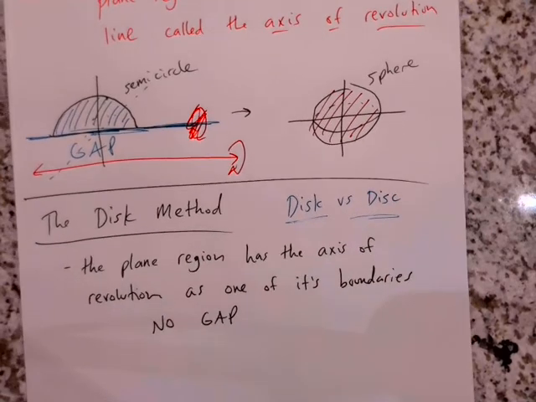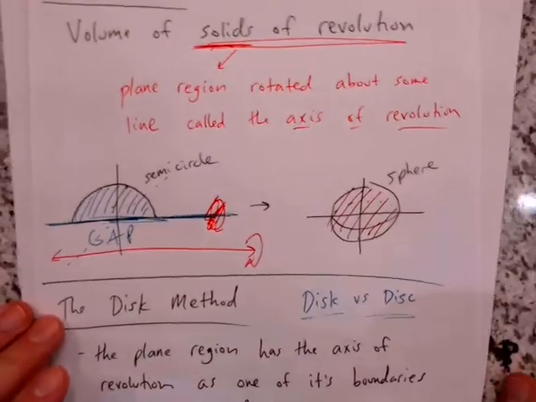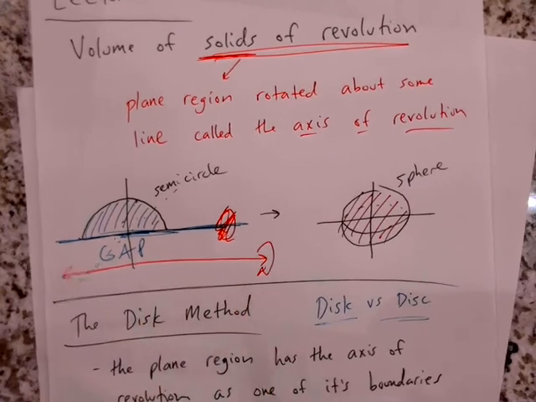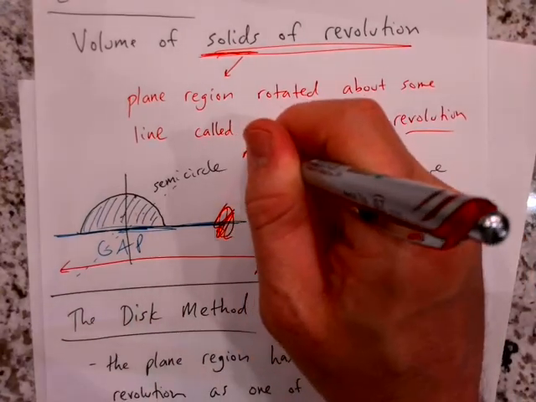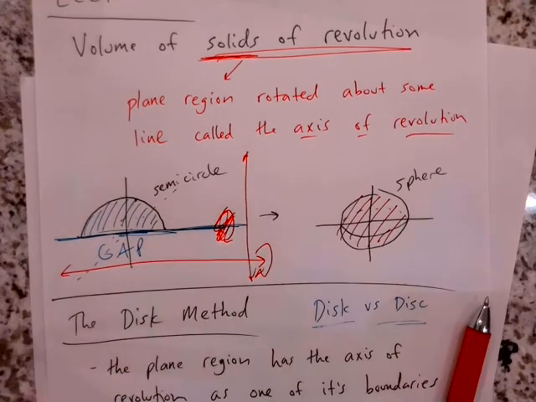Now let's figure out how this method works. Oh, one last quick note. You may wonder if the axis of revolution has to be horizontal, and the answer is no. The axis of revolution could be vertical. You could rotate about that line. Or it could be diagonal.